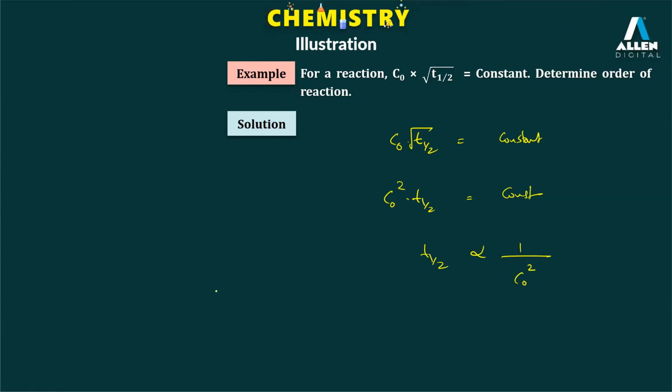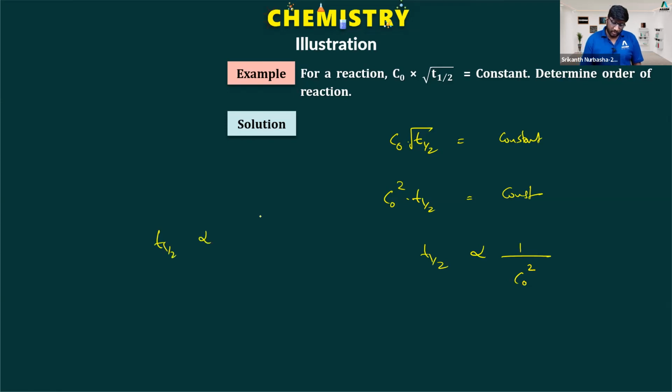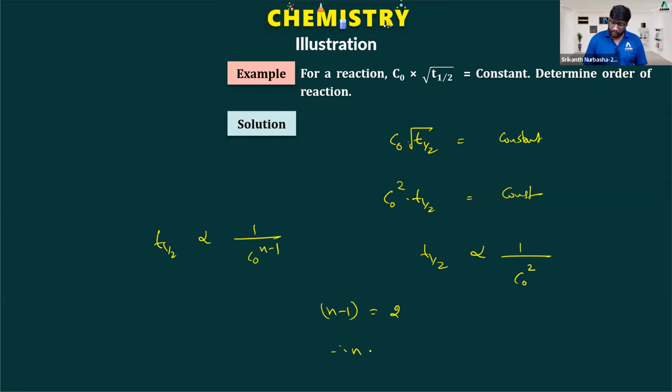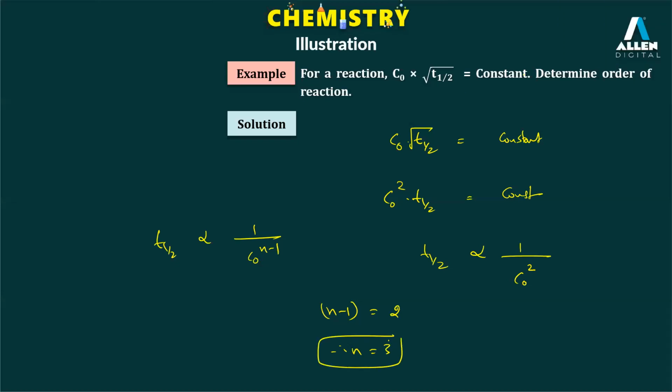So we know T half is inversely proportional to 1 by C naught power n minus 1. So I can compare: n minus 1 is equal to 2. Therefore, n is equal to 3. What is the order for this reaction? Third order reaction.